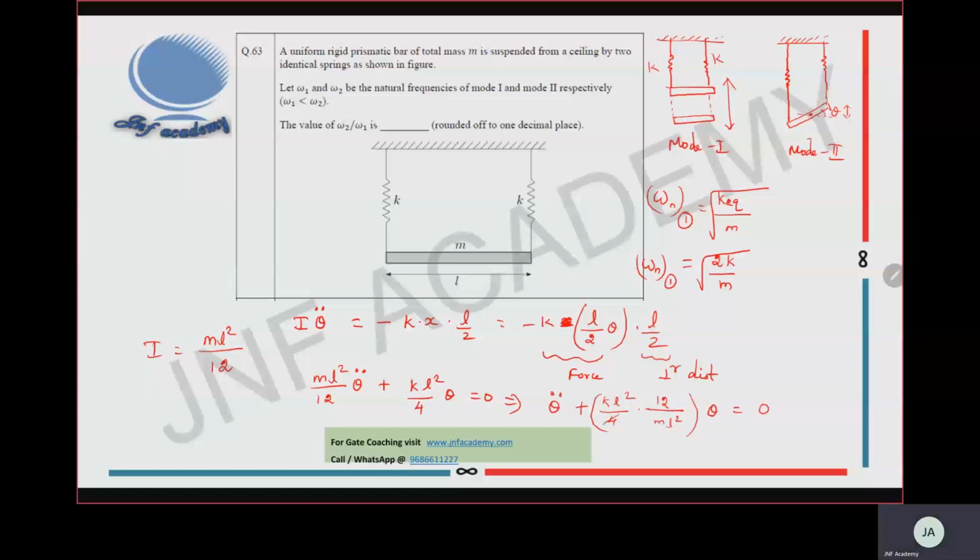L square cancels. The coefficient of theta is considered as omega squared. So for the second case, omega n2 has the remaining coefficient 3k by m, so root of 3k by m.